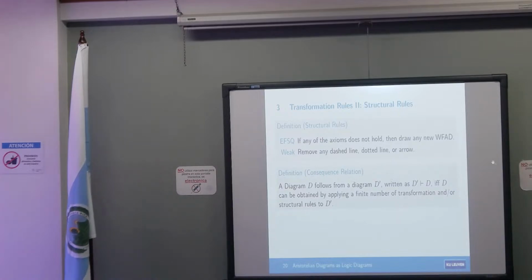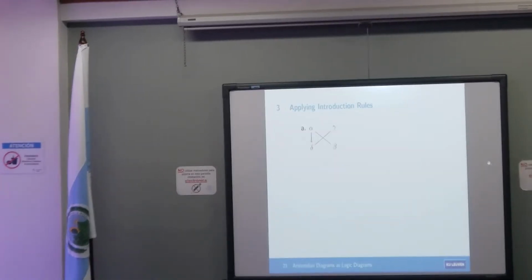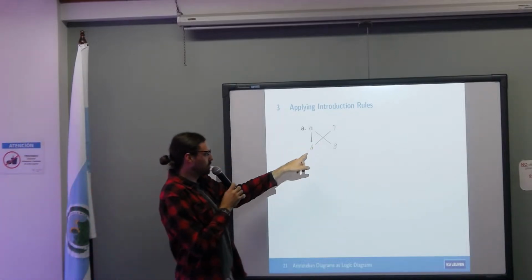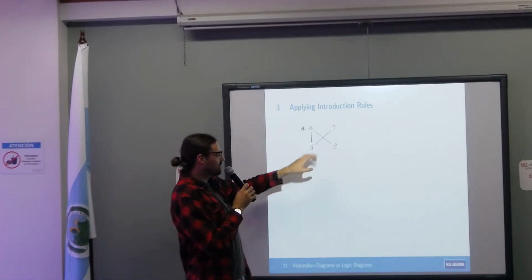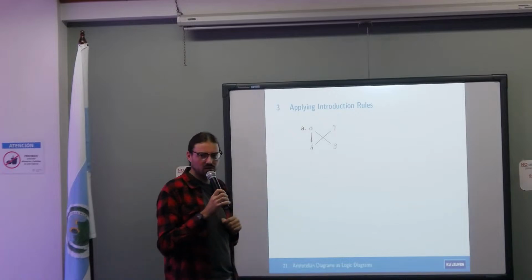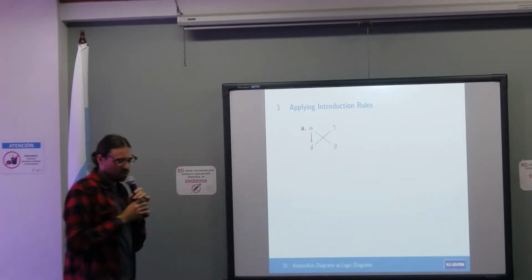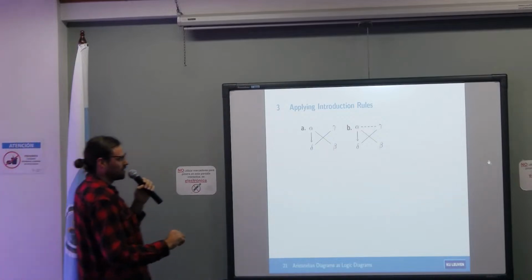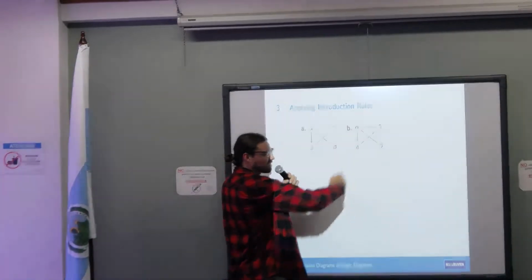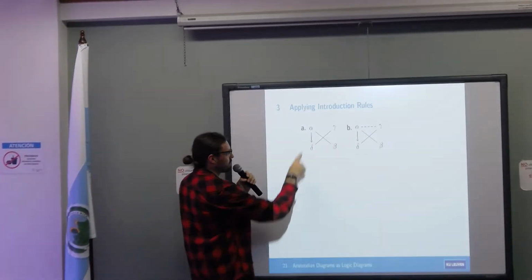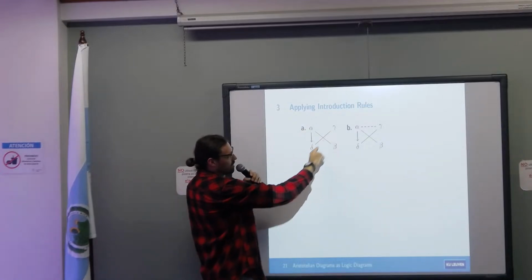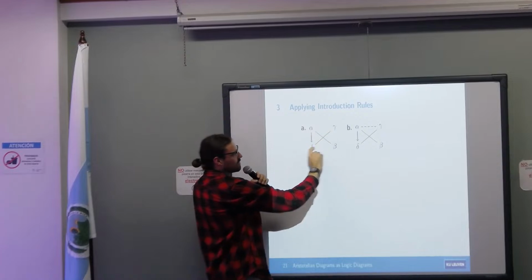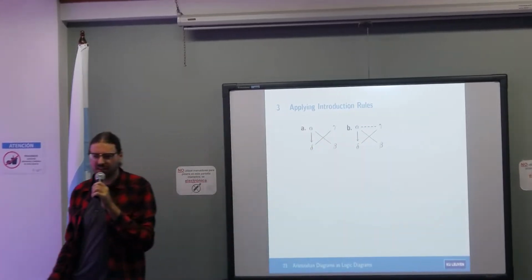Let me make it a bit more precise. So let's say we start with this unfinished diagram. We have two contradictories, two solid lines, and an arrow, sub-alternation. We can use an introduction rule to draw this diagram. The introduction rule for the dashed line says if you have an arrow and a solid line, then you're allowed to draw a dashed line here. So the introduction of the dashed line.